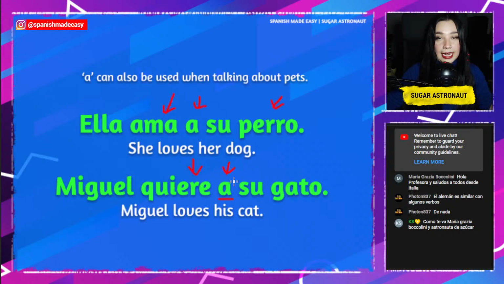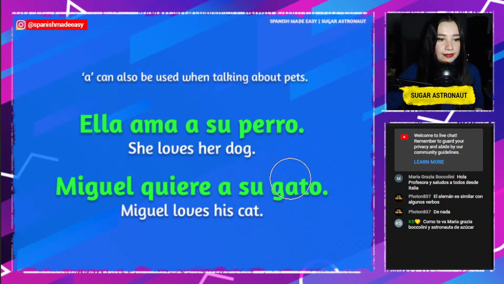Here's the verb, querer, conjugated. Miguel quiere, loves, a, su, his, gato, cat. We're talking about pets, and that's why we need the letter a. The pets are the direct object in the sentence. When talking about people or pets, use the personal a.